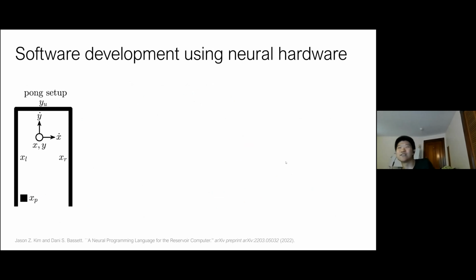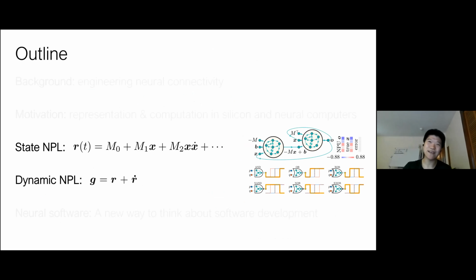So for this dynamic NLP, I think the big conceptual takeaway is you can not only program in static representations, outputs that are functions of X, but you can program in dynamic information as well, right? You can also program in specifically how you want the representation to evolve.